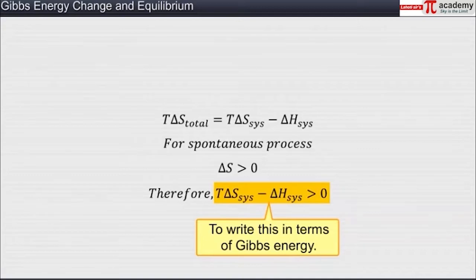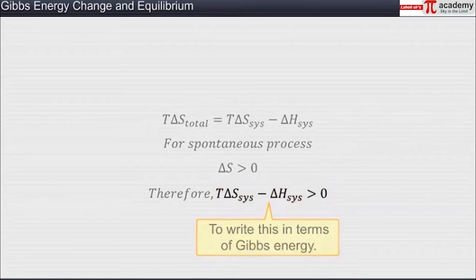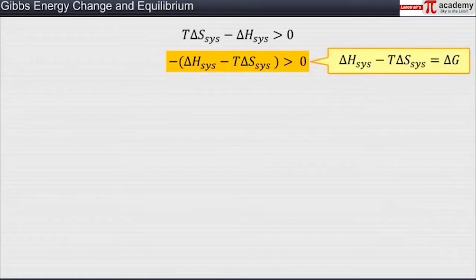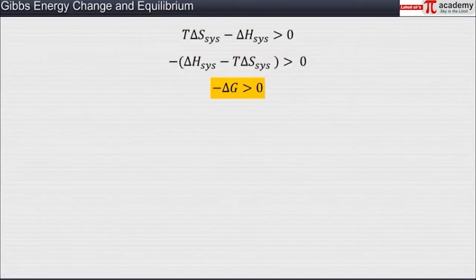Thus, we will take out the minus sign and the equation becomes minus into delta H system minus T delta S system is greater than 0. But delta H system minus T delta S system is equal to change in Gibbs energy delta G. Thus, we can say that minus delta G is greater than 0. This means that delta G will be less than 0.